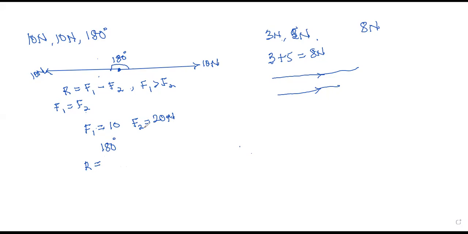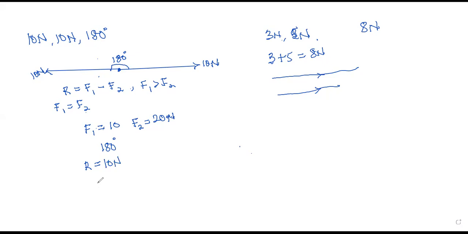If these are the forces and the angle between them is 180, what will be the resultant? Anita, if the angle between them is 180, what will be the resultant? So please, 10. Okay, 10.